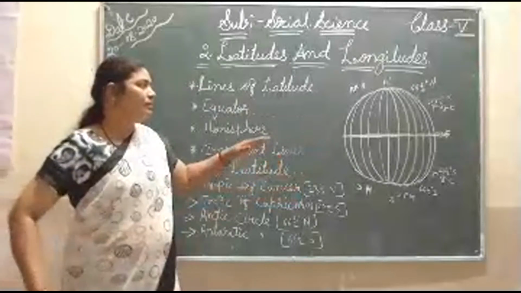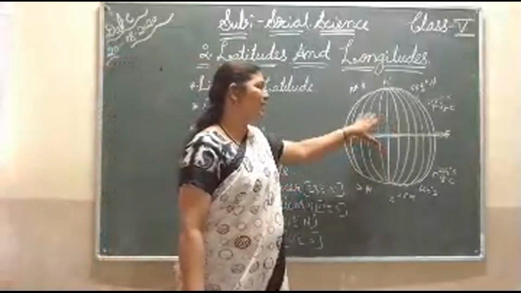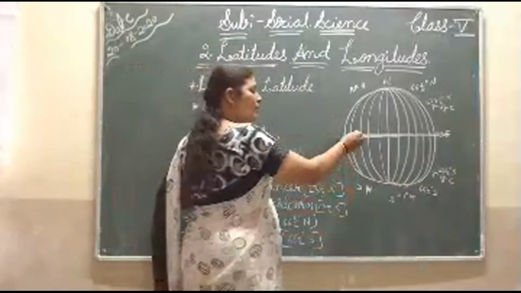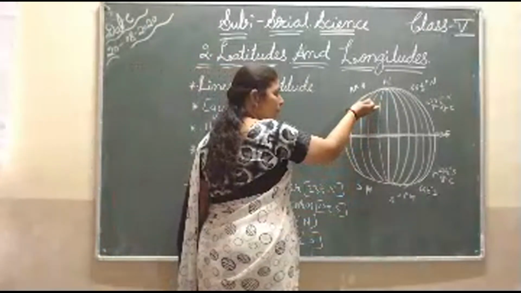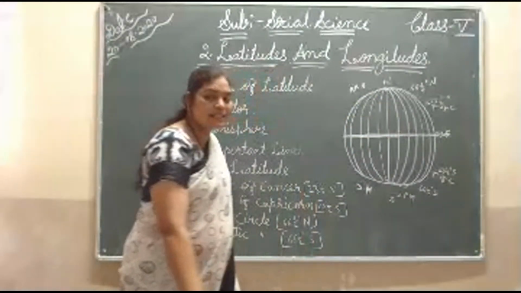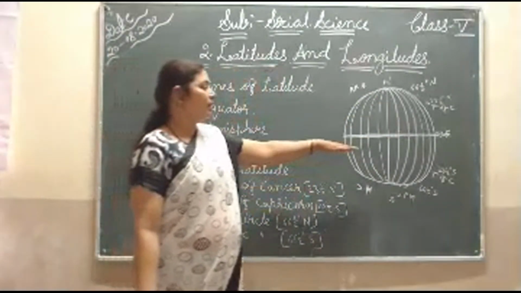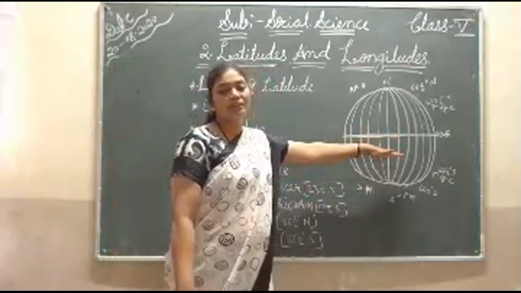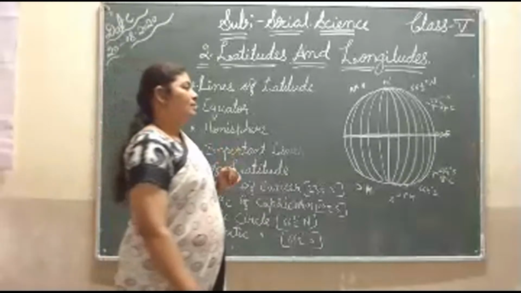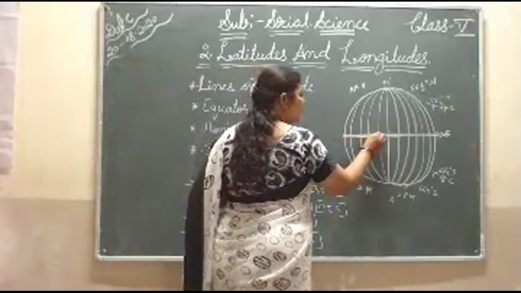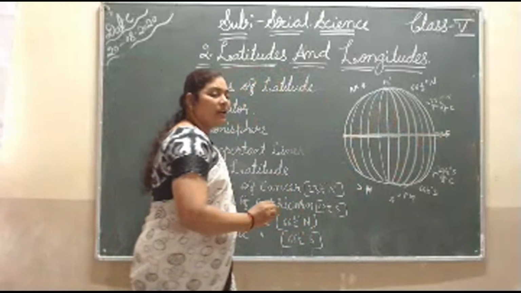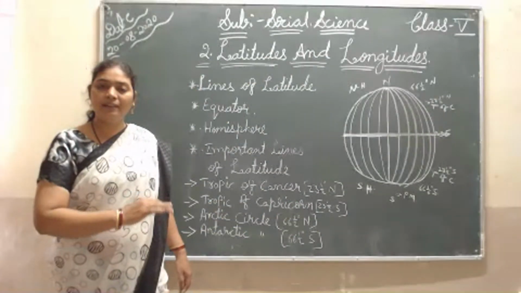So here in this world map we can see the continents. When we are seeing the continents, at that time we see which continents are coming up in the northern hemisphere and which are down. But one continent, that is Africa, is coming in the middle of this line, half up and half down of the equator. So here we can see how much place those continents occupy by the help of these lines. We are measuring the lines by the degree.